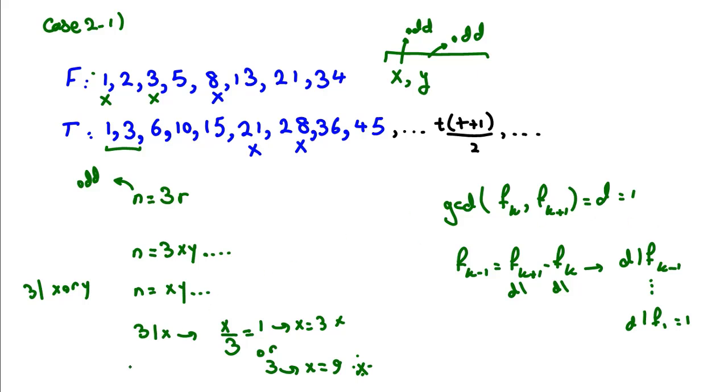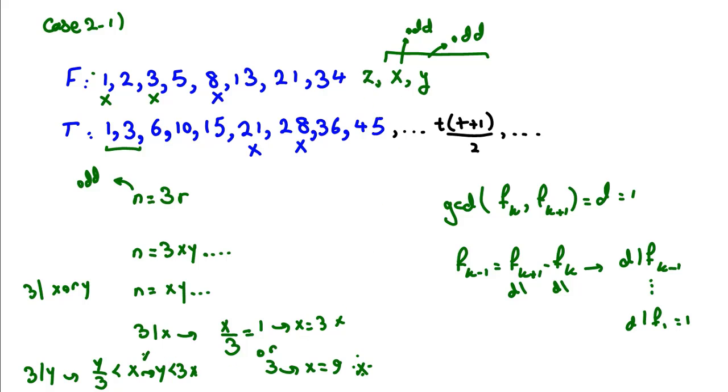If 3 divides y, then what can we conclude? If 3 divides y, y over 3 is also a divisor. And I want to say y over 3 is less than x. I want to say y is less than 3x. The reason is this. y is x plus z, and z is less than x.